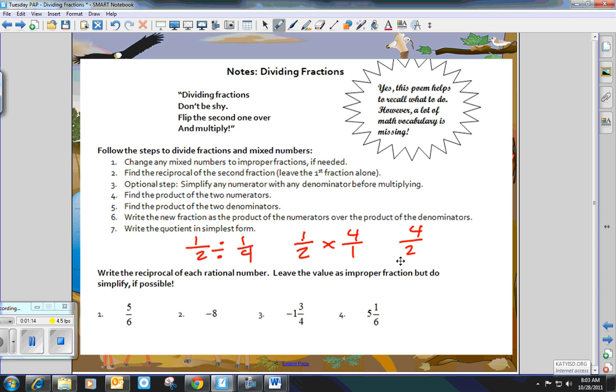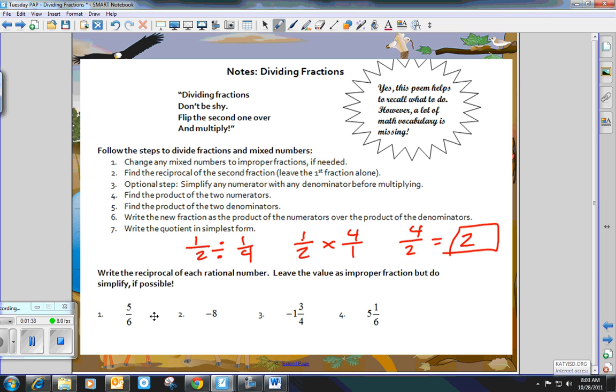Okay, and then I simplify that to 2. So 1/2 divided by 1/4. How many 1/4 pieces are there in 1/2? There are 2 1/4 pieces in 1/2. Okay, so we keep our first one, we flip the second one, and then we change to multiplication.